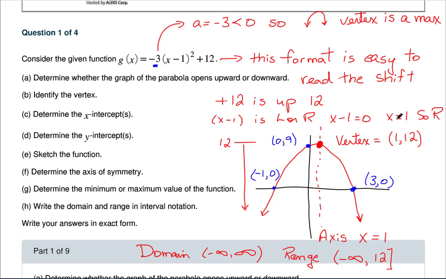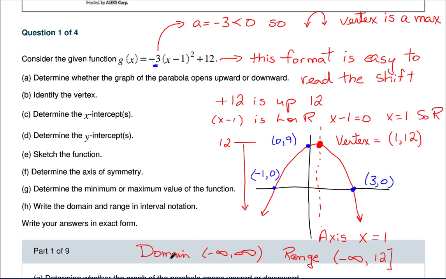And so I get x equals 1. And so we go to the right by 1 and up by 12, making the vertex at (1, 12). The axis of symmetry is just this vertical line, and it's x equals 1. Why 1? Well, because that's the first coordinate of the vertex.